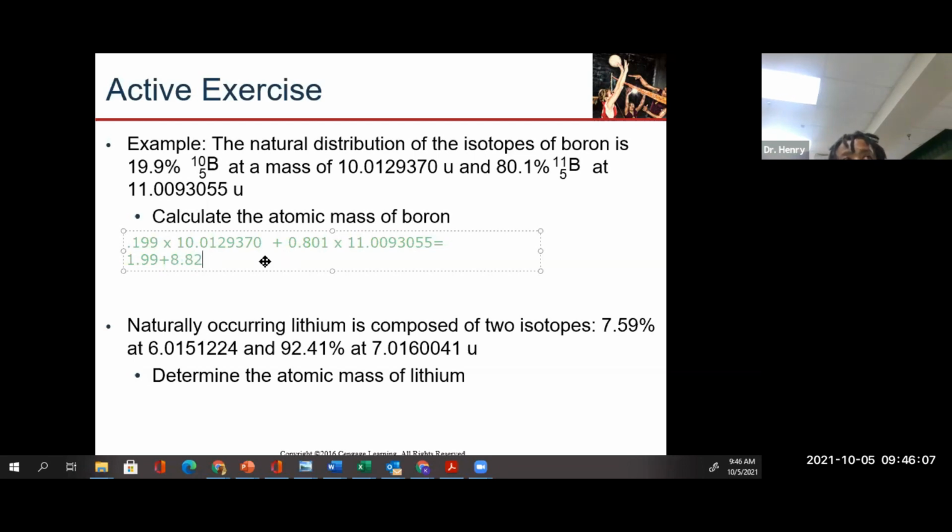I get 8.82 for 3 sig figs. And then we add these together and get 10.81. So if you look on your periodic table, what is the atomic mass for boron?